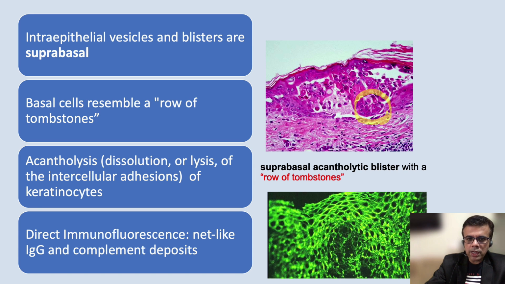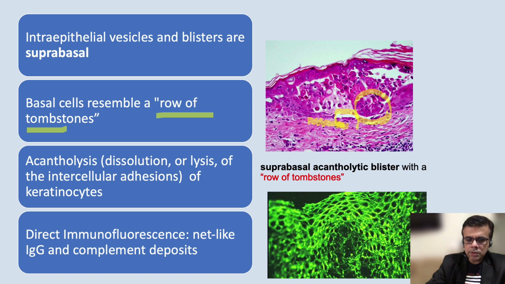So acantholytic keratinocytes are scattered throughout the blister cavity, and there may be some inflammatory cell component as well. The basal keratinocytes are seen as a linear row, and this linear row is known as the row of tombstone appearance. So the row of tombstone appearance is seen, and acantholytic bullae are seen in the suprabasal location. These are the two important features.